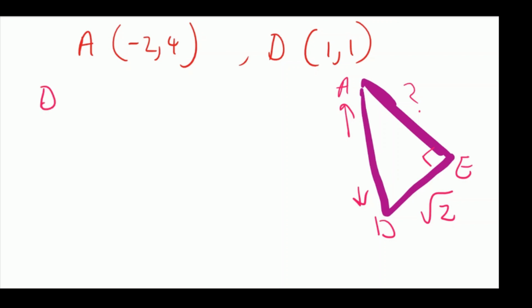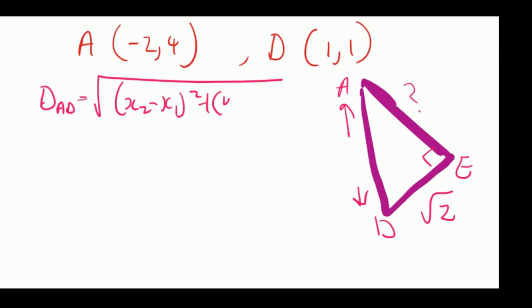The distance AD is equal to the root of x2 minus x1 squared plus y2 minus y1 squared. This is x1, y1, x2, y2.